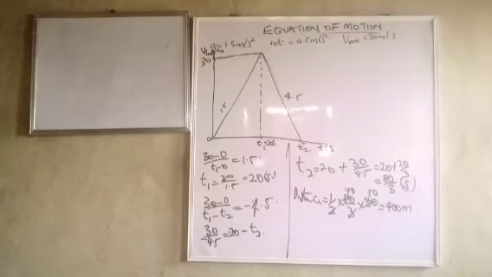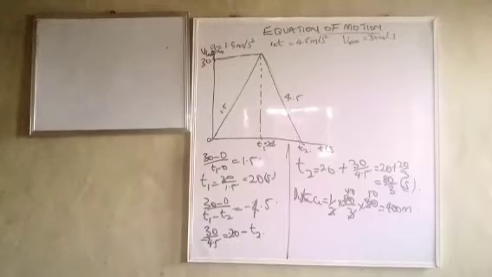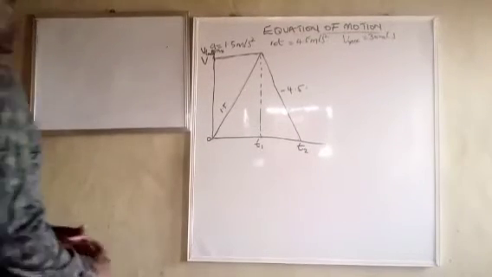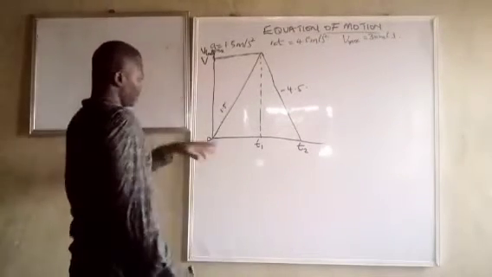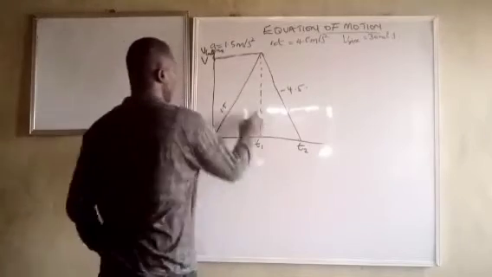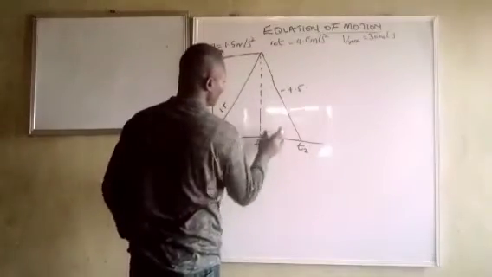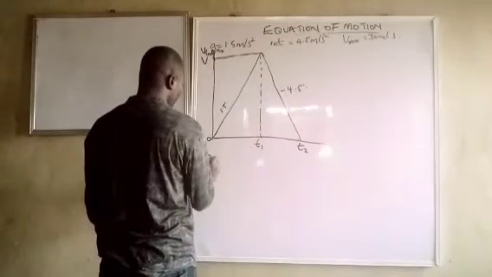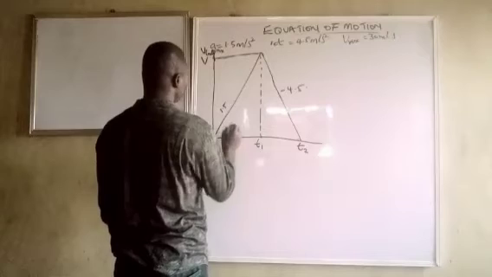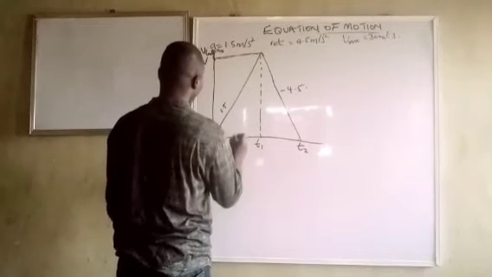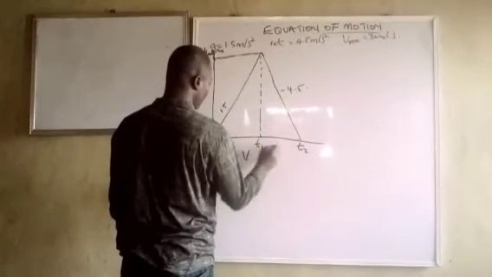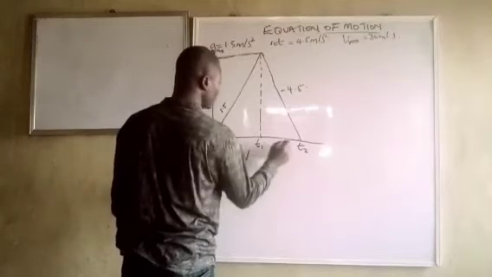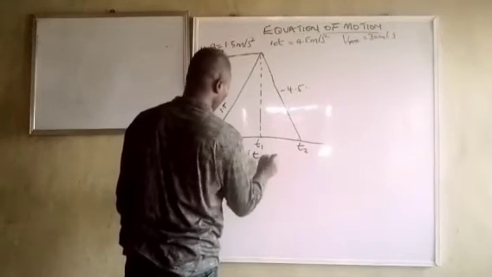So let us calculate the minimum time to do that. So now the new maximum velocity is going to be V. We have T1, T2, and the total distance traveled will be 300. Now let's see. 300 is equal to half V into T2.